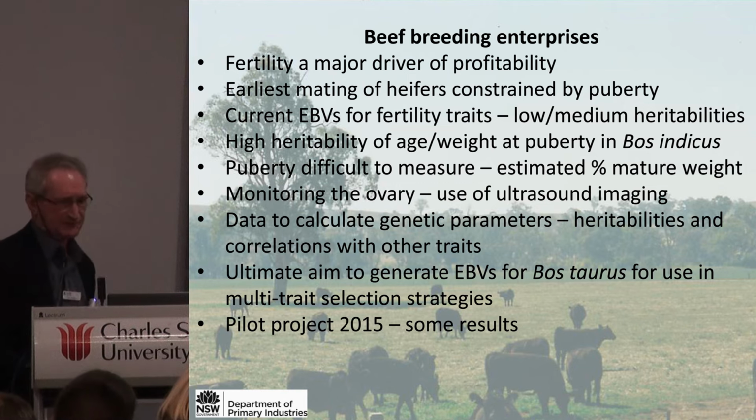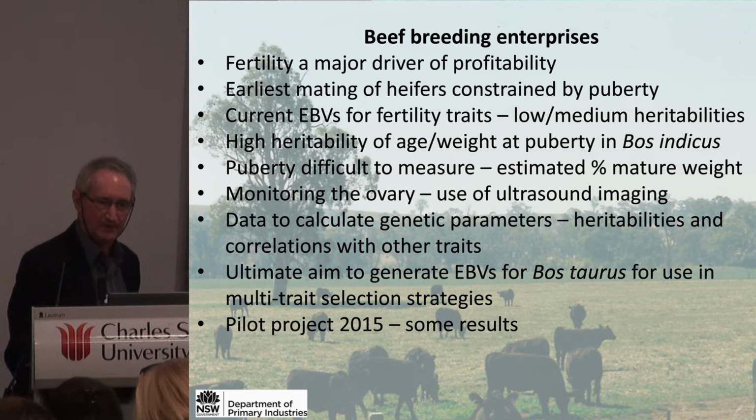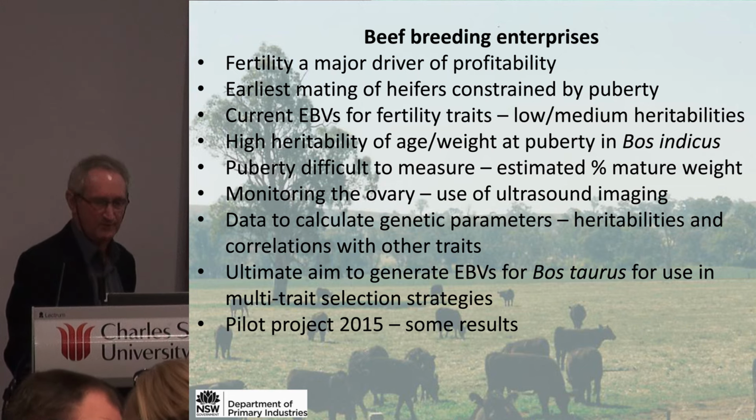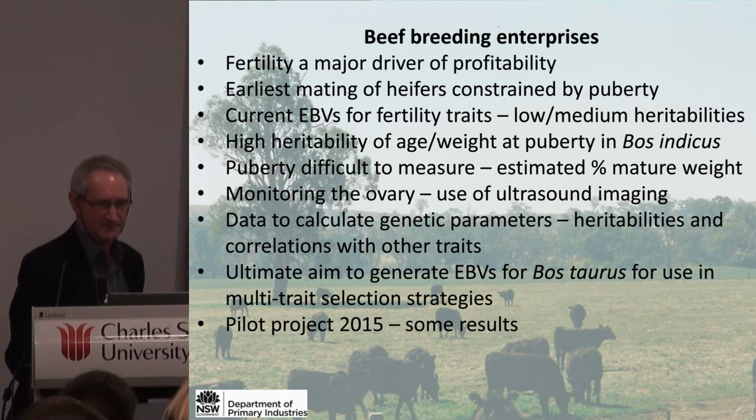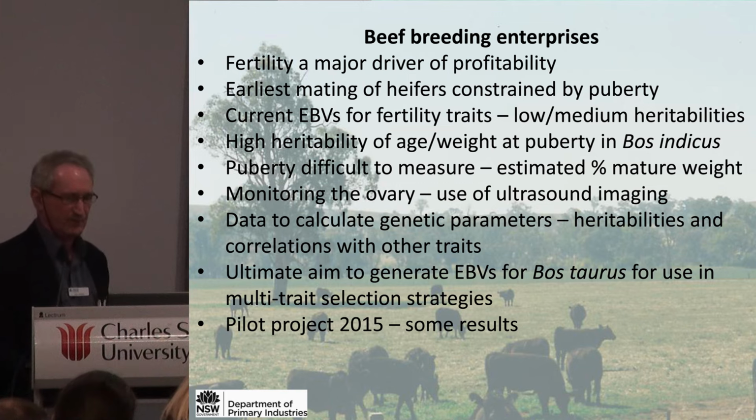However, recent work with Beef CRC with Bos indicus types has shown that the heritability for age or weight at puberty is quite high, much higher than, say, your growth heritabilities. The problem is that practically measuring puberty is quite difficult or expensive in terms of the labour involved.